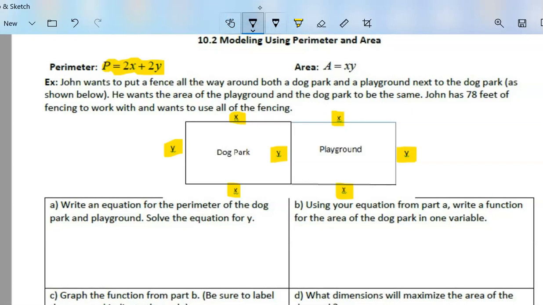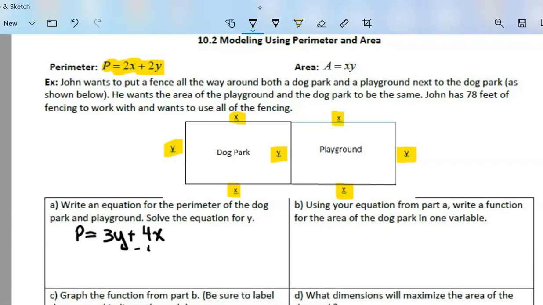So our perimeter, we'll call it perimeter even though technically speaking it's not perimeter because it has that y in between the dog park and the playground, is 3y plus 4x. And then we want to solve the equation for y.